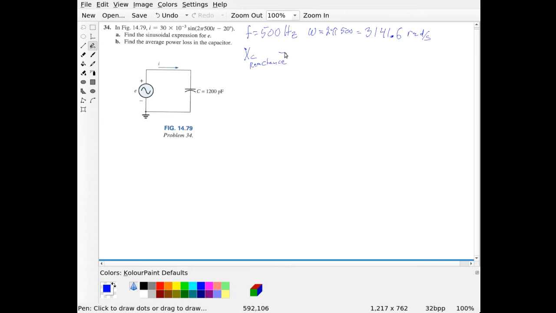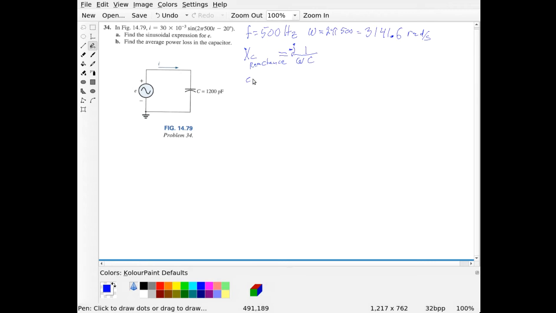Okay, reactance is the opposition to current flow. And the reactance in a capacitor is defined as being 1 over omega times the capacitance. Okay, and then it also has that minus J term there. It has a phase angle.